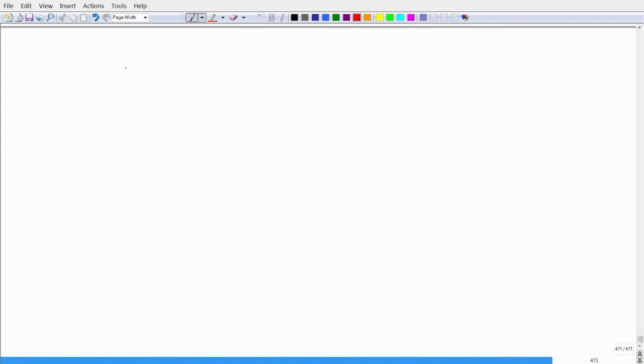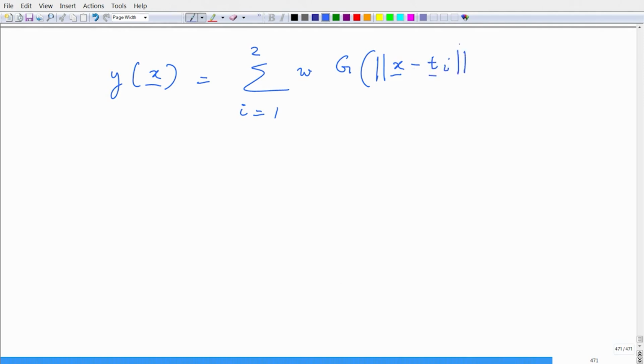Now, my y of x equals summation i equals 1 to 2 of the weights connecting the Green's units in the hidden layer with the output, plus this bias.